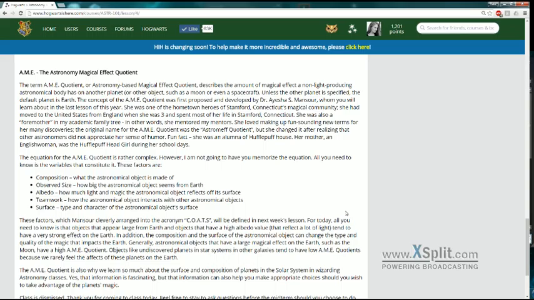The equation for the AME quotient is rather complex. However, I am not going to have you memorize the equation. All you need to know is the variables that constitute it.